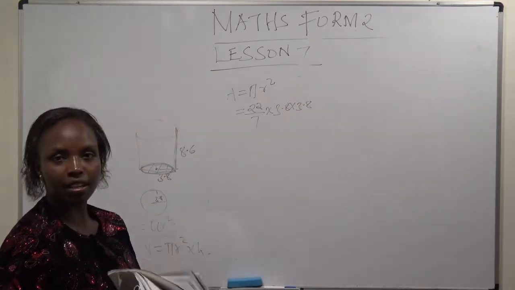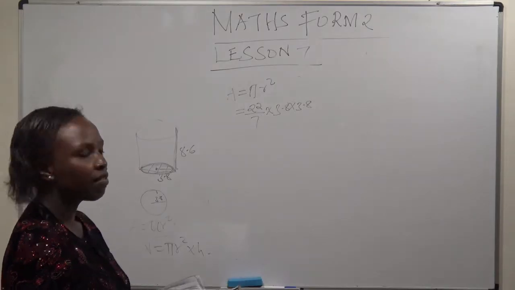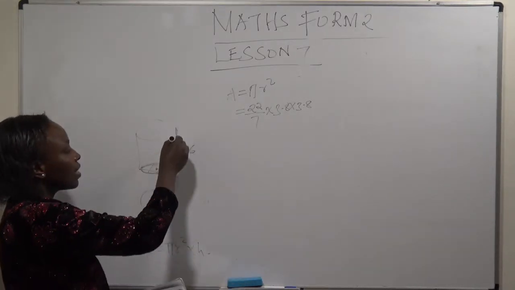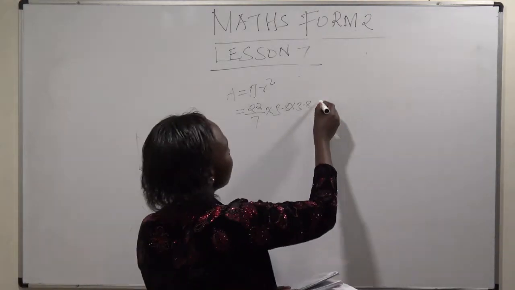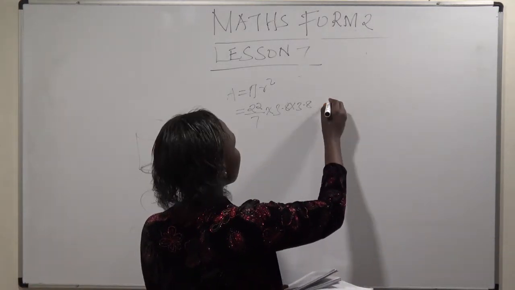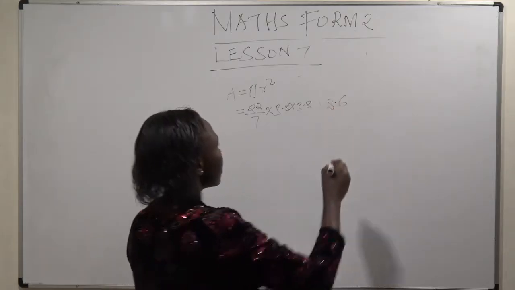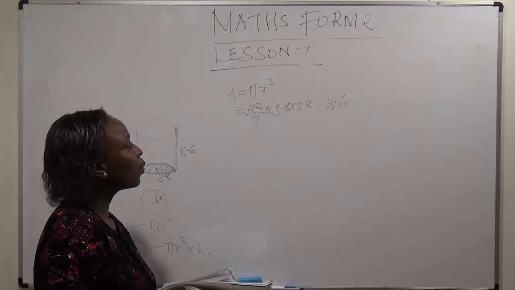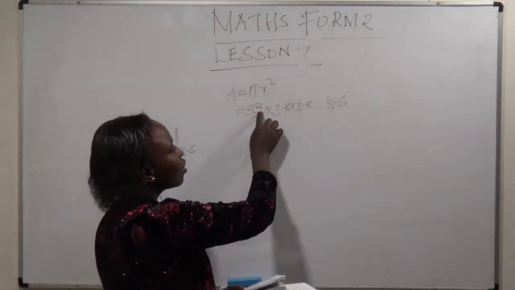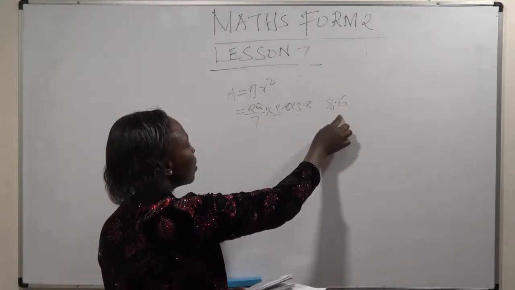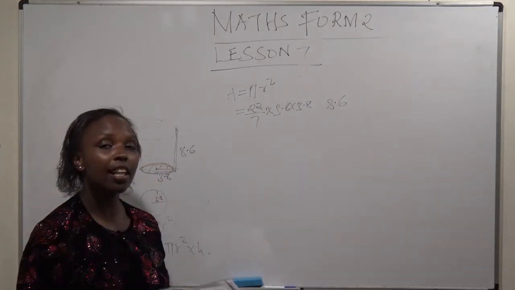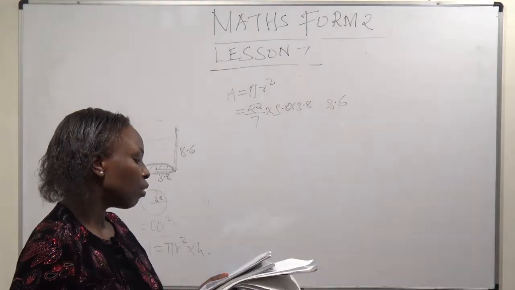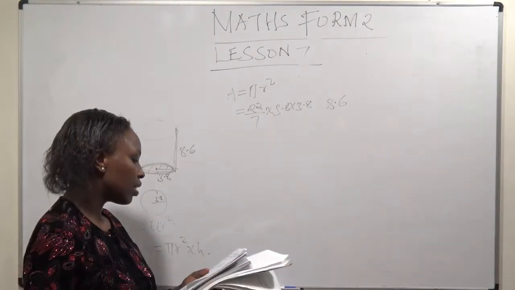That gives us the area of the cross-section, but we want the volume of this cylinder, so we multiply by the height, which is 8.6. So we multiply 22 by 3.8 by 3.8 by 8.6, then divide by 7, and you have the volume of the cylinder, which is the same as the volume of the cube you are supposed to look for.